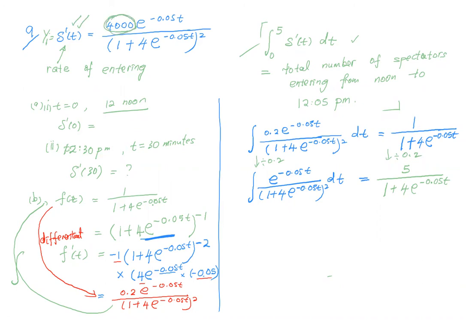So what should I do with this one? Times 4,000 on both sides, right? So now I integrate my S prime t dt. That is 4,000 of this here.